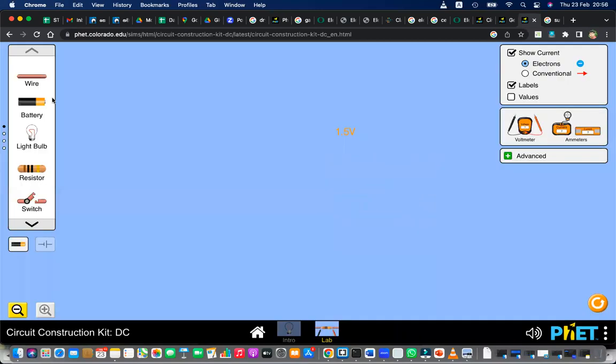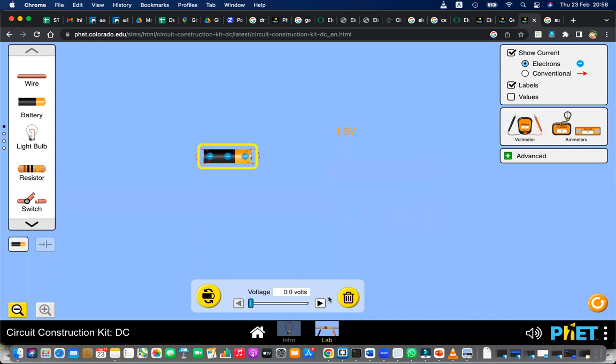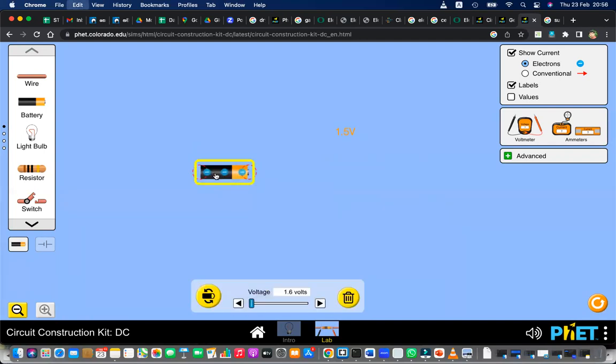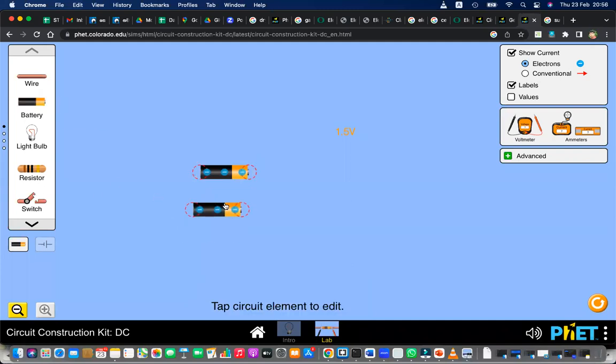Okay, connect and see. Take a battery, change the voltage to 1.5. If you cannot copy and paste, take a new battery.